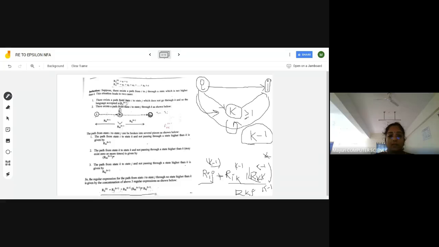This one. Or if you want, you can make a note. Rij power K. I told you already what Rij power K is. My start state is I, my final state is J, and I am going through K number of intermediate states. Right? How do I go? There are two alternatives, this plus this. One is Rij power K minus 1, directly going.